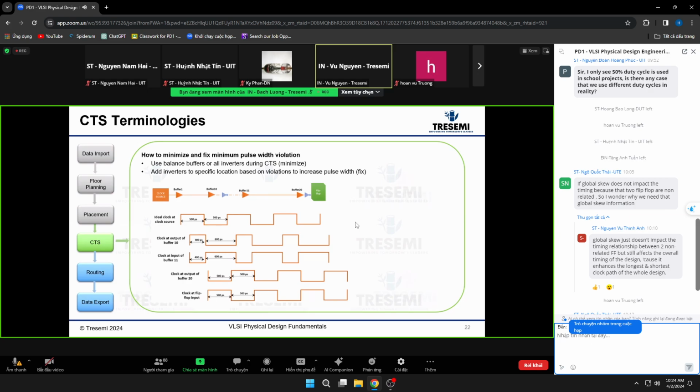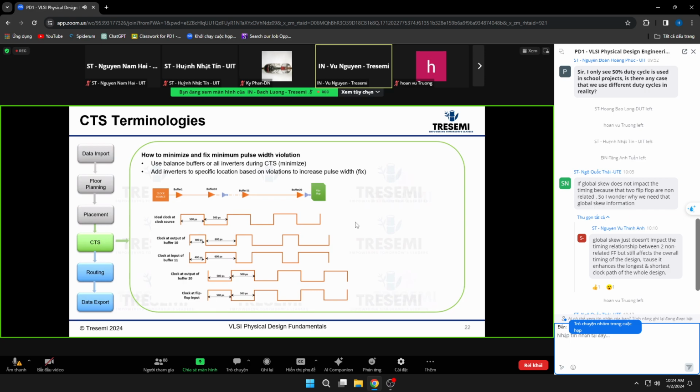Two different clock sources operate asynchronously, so you need a synchronizer. That is one of the ways to minimize the clock skew.